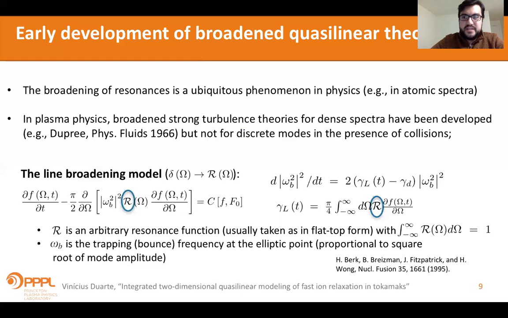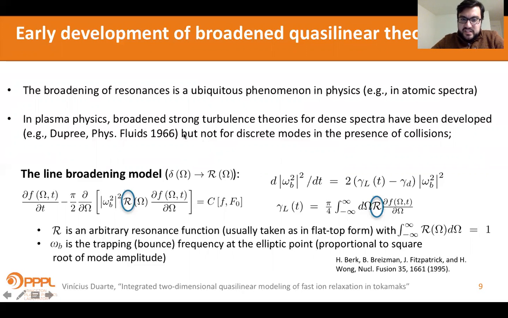So the broadening of resonances is something actually very present in many branches of physics, especially in atomic spectra, where you have, for example, not only collisional broadening, but you can have several other types of broadening due to a number of effects, for example, relativistic effects and many others.